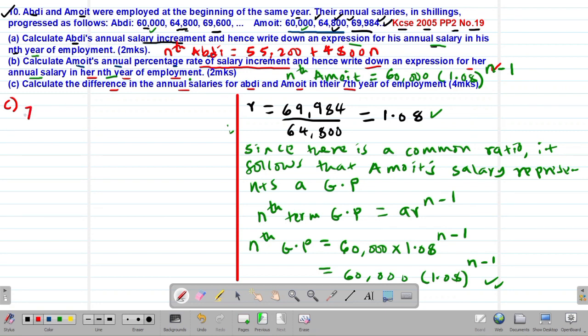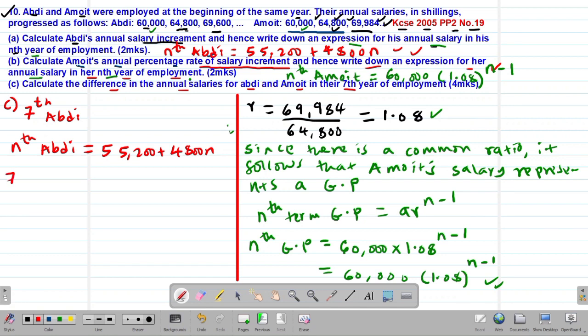So let's start with the 7th year, which is just the 7th term for Abdi. Remember the equation for Abdi, we already have it here. For Abdi we are dealing with an AP, so the nth term was given by 55,200 plus 4800n.